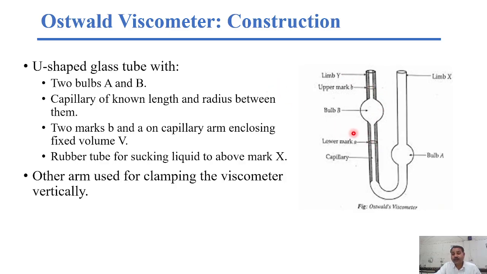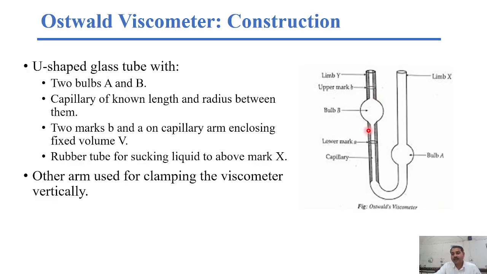We put the liquid in bulb A, filling 2/3 of bulb A, and then the liquid is sucked up through the capillary arm by mouth, up to the upper mark, and then allowed to pass through the capillary. The time of flow of this liquid is observed in seconds.